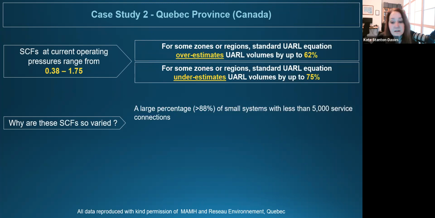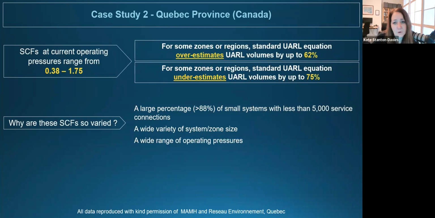Lots of reasons why these SCFs are so varied. Some of the reasons for the low values of SCF are down to the large percentage of small systems with less than 5,000 service connections, but we have a huge variety of system and zone size, from 5 service connections up to over 370,000 service connections. So that will clearly give a wide spread of values for SCF.